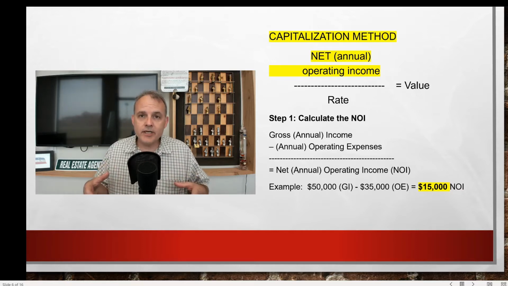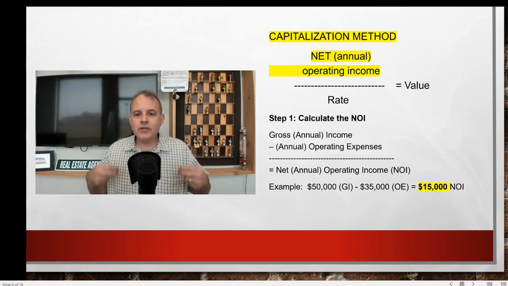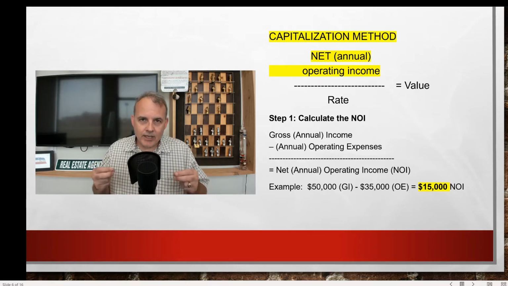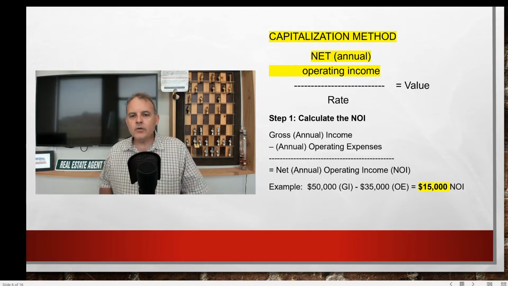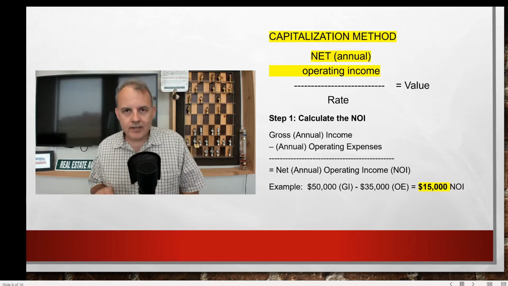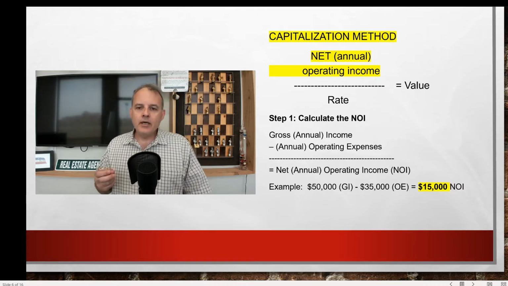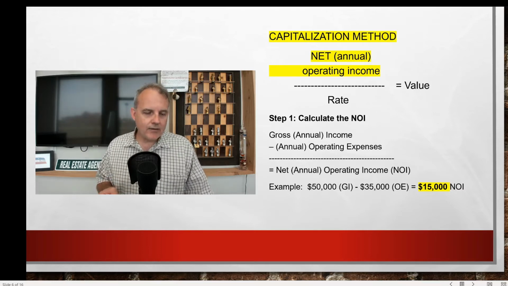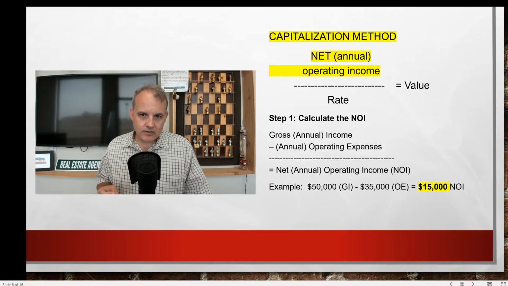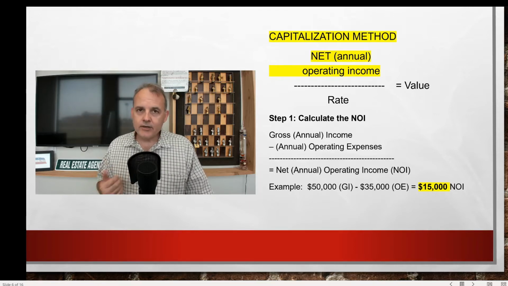They'll give you all the information that you need, but then you're going to have to know how to calculate that net operating income. So we take the gross annual income and we subtract the annual operating expenses, and that gives us our net annual operating income.